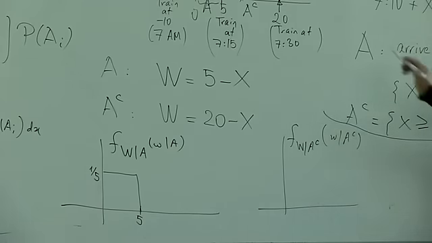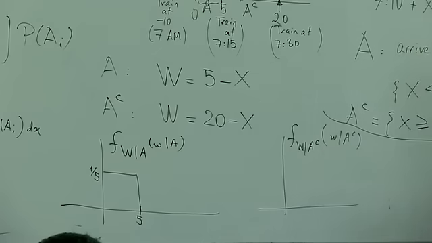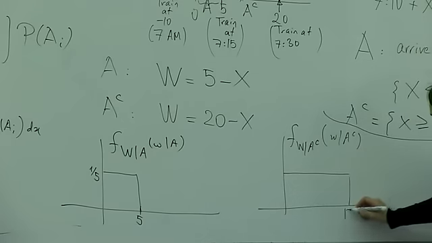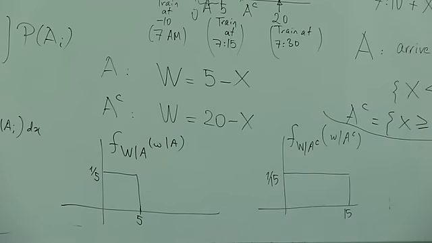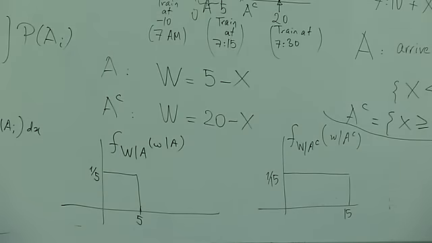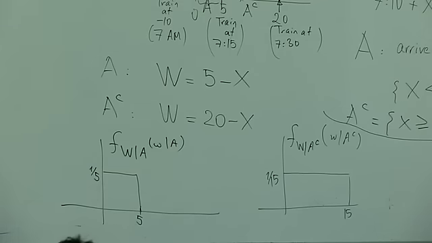Let's see. It can be as small as 0 and as big as 15. So this is the conditional PDF. Now all I have to do is join them using the law of total probability.